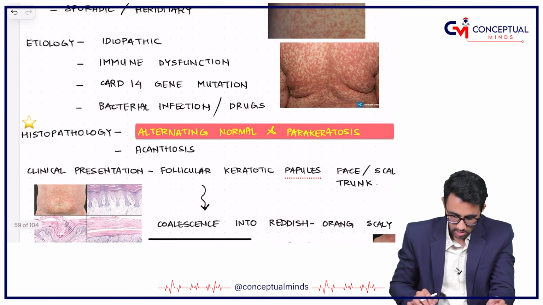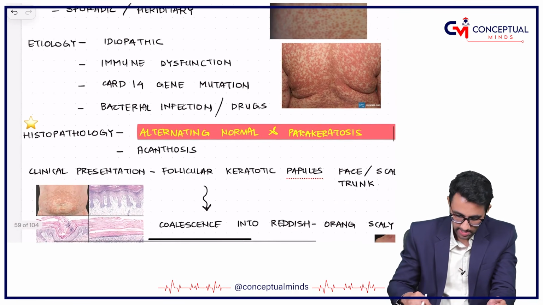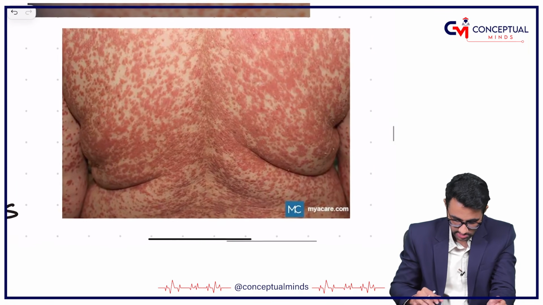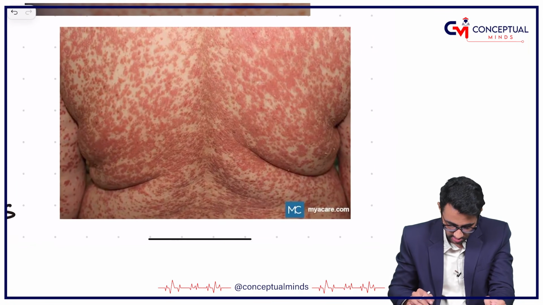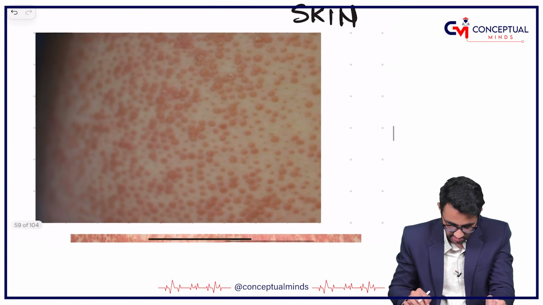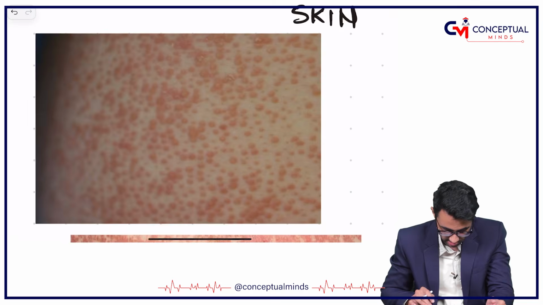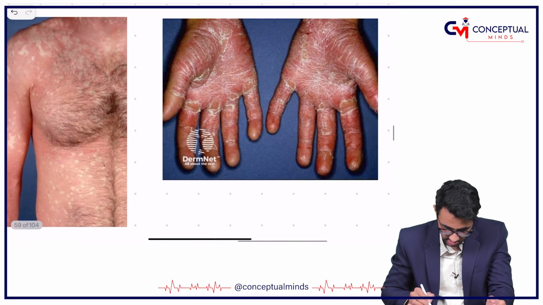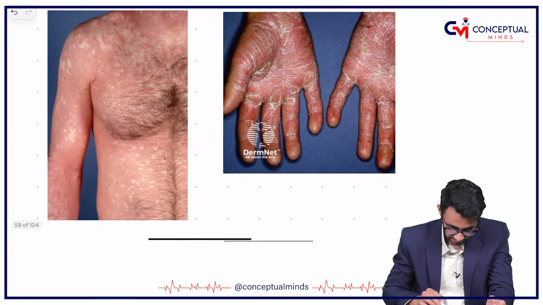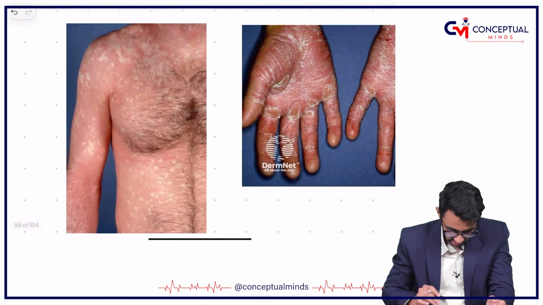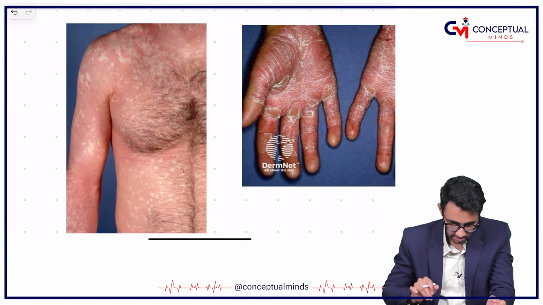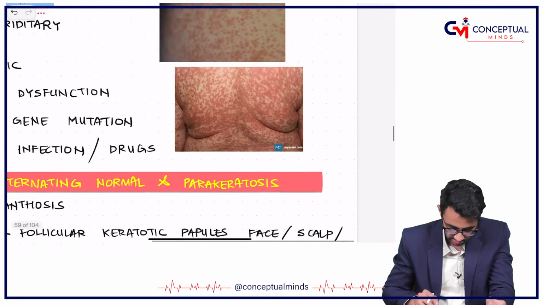Okay, fine. Let us dive into the lesions. If you see here, this is also a very key finding, yet not discussed. You can see over here, in the hands, and also here. But over here, the island of sparing is not seen. Island of sparing is seen in a different image.